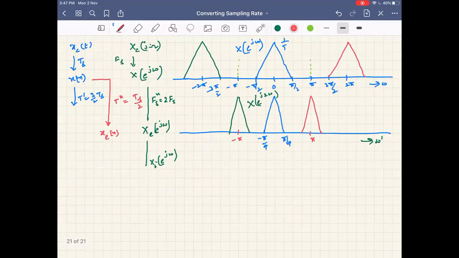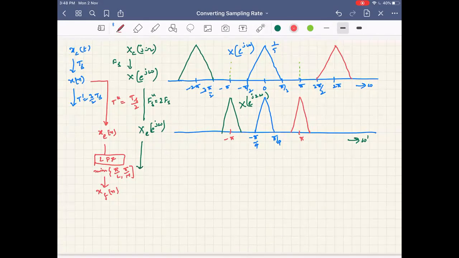So what we want to get here is filtering: we apply a low pass filter of minimum of pi by M L comma pi by M. Through this process we get x f of n, and x f of e power j omega.